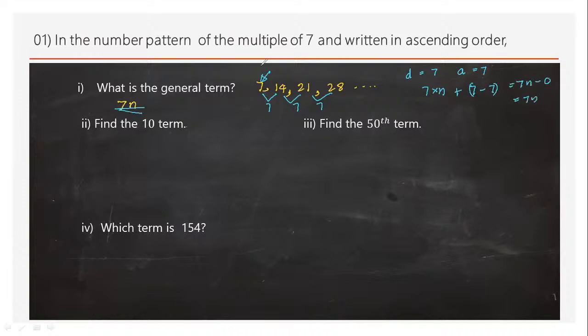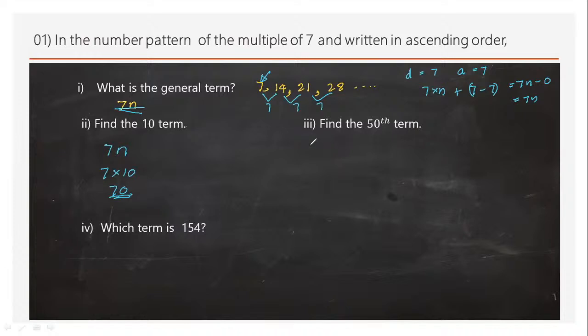Then you can easily find the 10th term. For the 10th term, n equals 10. 7n, 7 into 10 is 70. The 10th term is 70. Next one, the third one: find the 50th term.